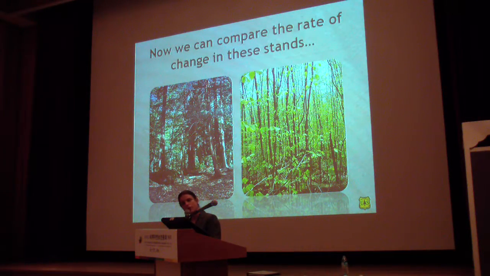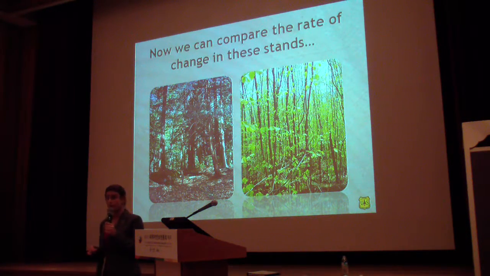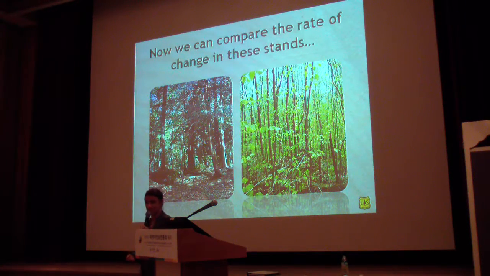But there's not going to be very many tons of carbon out there. But the rate at which those stands are accumulating carbon would be quite different, right? Because the one is 15 years old, and the other one is about 175 years old. So if we just had that net, it really wouldn't tell us very much. But when we have average annual change, now we can make these types of comparisons.